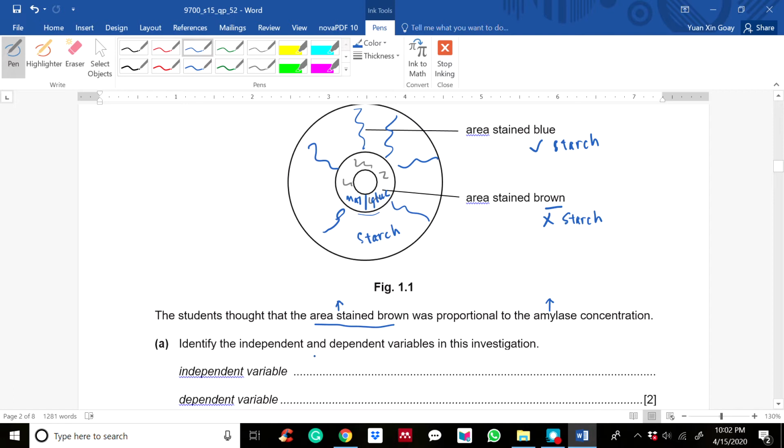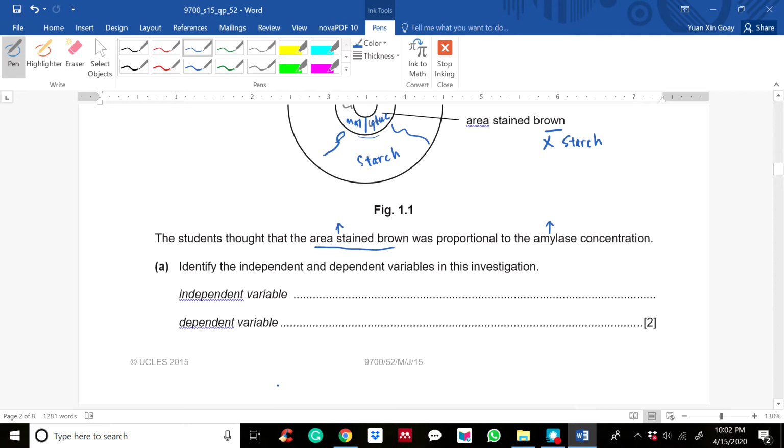Identify the independent and dependent variable in this investigation. Independent variable is the variable in an experiment that is manipulated. In this case, you are doing dilutions of amylase concentrations. So, concentrations of amylase.